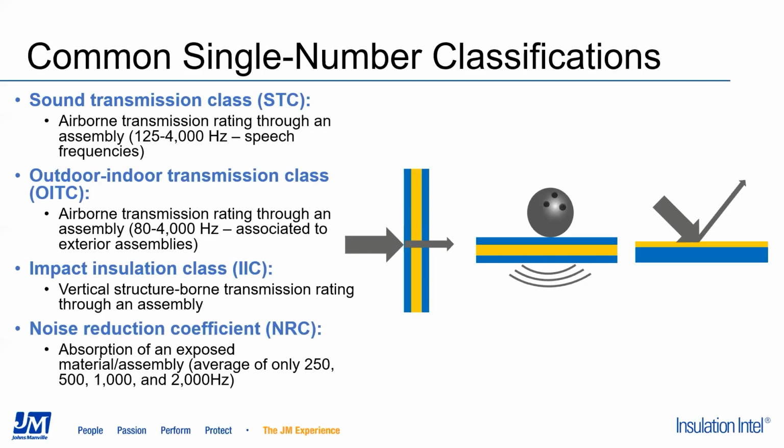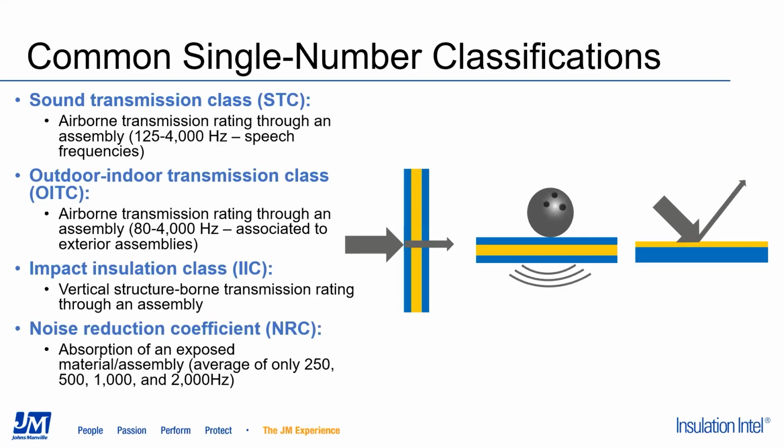What's important to note here is that OITC does capture a couple more lower frequency bands. So if you're looking at 2 window assemblies that you're choosing between, they have the same STC rating, but different OITC ratings, the one with the higher OITC rating will be an overall better performing window. Next, we have impact insulation class, which is more of a measure of structure-borne transmission loss performance, but we don't delve too much into it in this presentation.